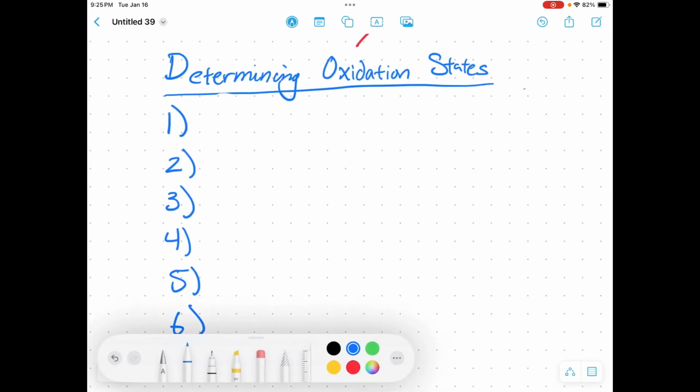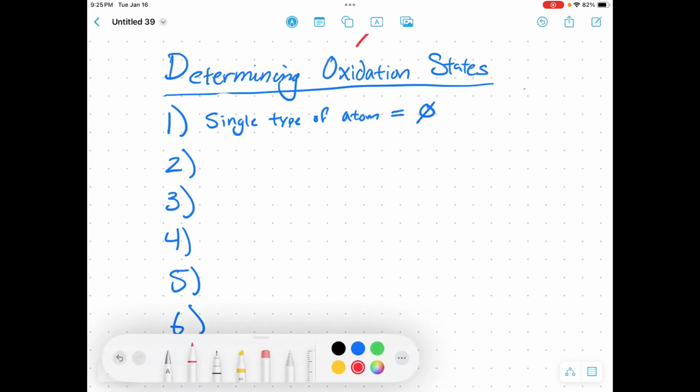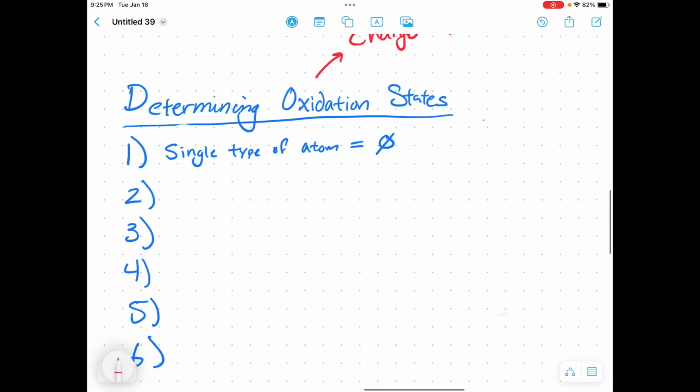So a couple rules to determine oxidation states. Our first rule is for a single type of atom, that oxidation state is going to be 0. It'll be neutral. So a couple different ways that you might see this.